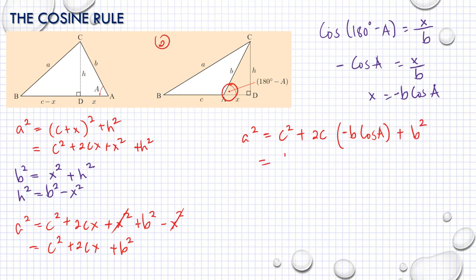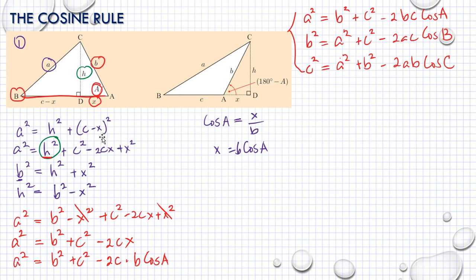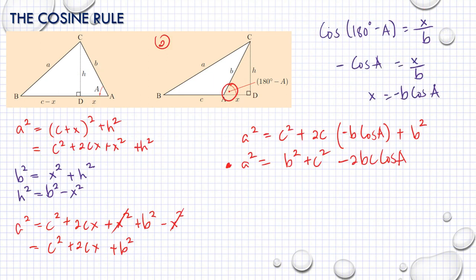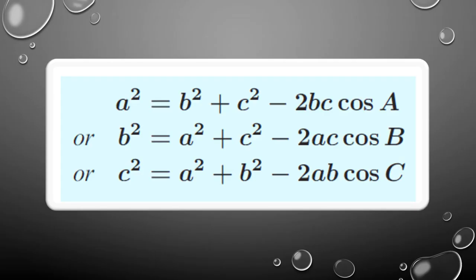Rearranging, we have A squared equals B squared plus C squared minus 2BC cosine A. This is exactly the same as the one we got there. Okay, I'm not going to show all the variations of this. As a summary, you can see here now.